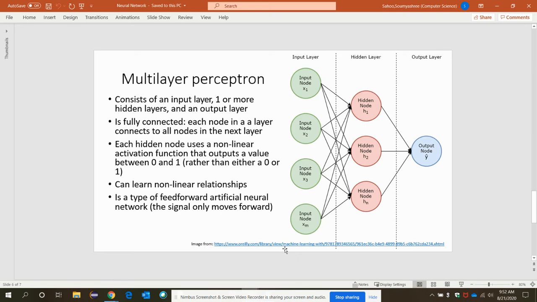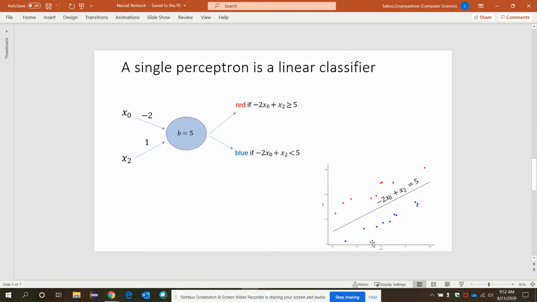That's a simple or single layer perceptron. But if we consider a multi-layer perceptron, or MLP, it introduces one or more hidden layers between the input and the output layers, giving it the ability to learn non-linear functions, unlike the linear one.